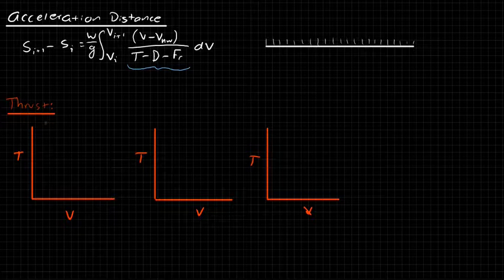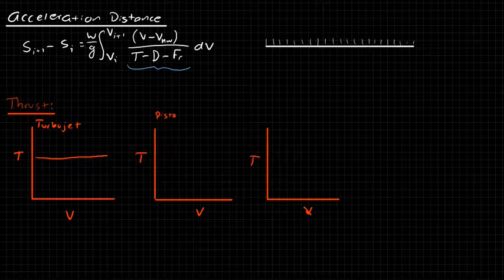Okay, and so the first power plant that we'll consider is a turbojet. Turbojet engines generally have constant thrust as a function of airspeed, or nearly constant thrust as a function of airspeed. So the plot would look something like this. On the second plot, we're going to have a piston engine with a constant pitch propeller.